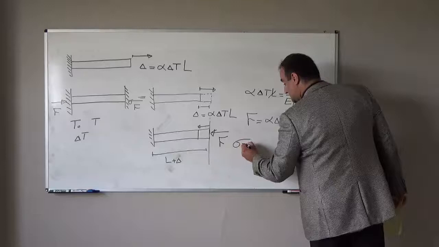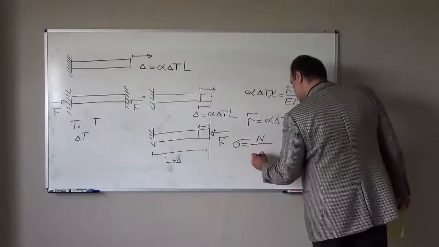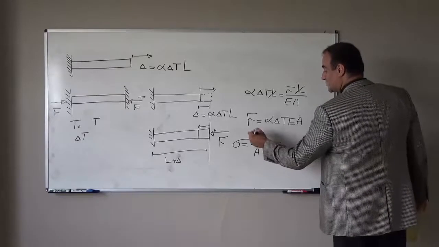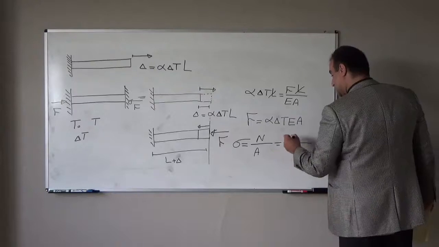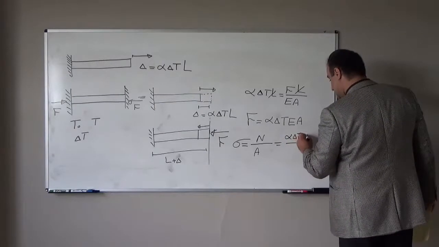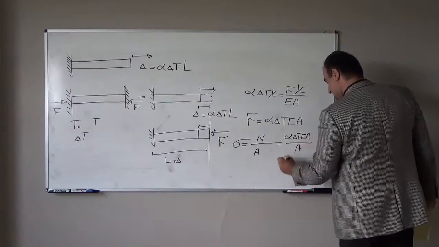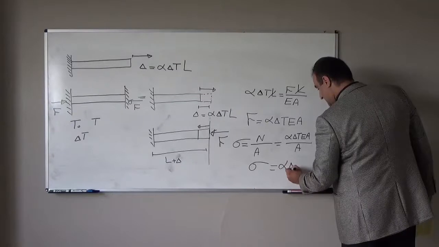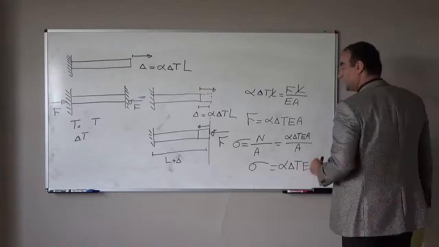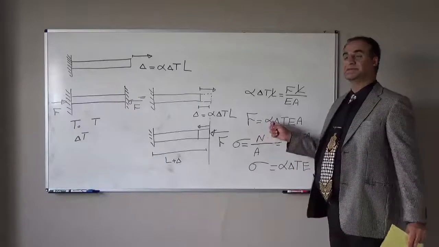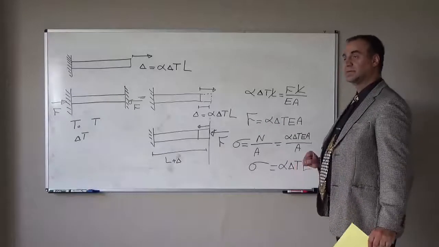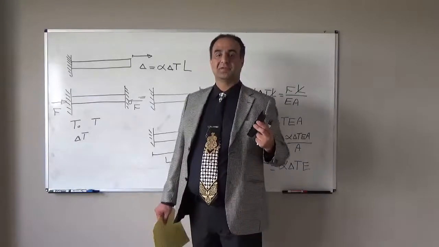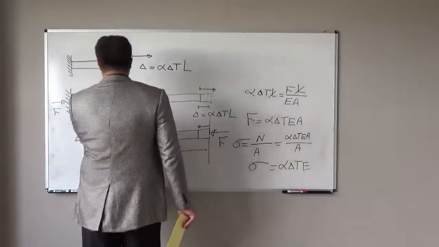Because stress is internal force divided by cross-sectional area, and internal force N is equal to F, the stress will be alpha delta T E A divided by A. From here, stress sigma will be alpha delta T E. So this is the thermal axial force, and this is the thermal stress inside of the rod. Let's look at two different examples today, with numbers and dimensions, real-life problems.